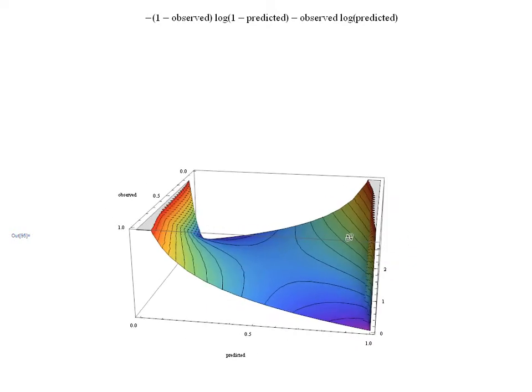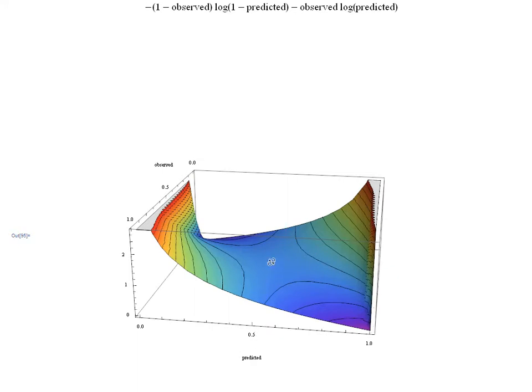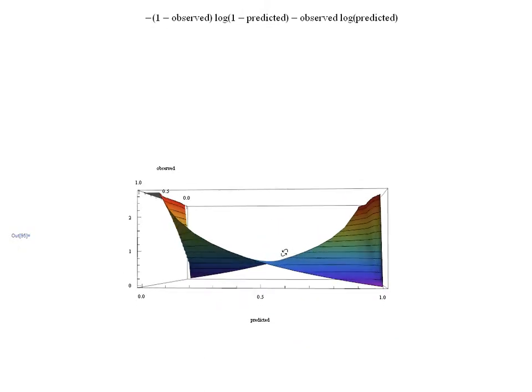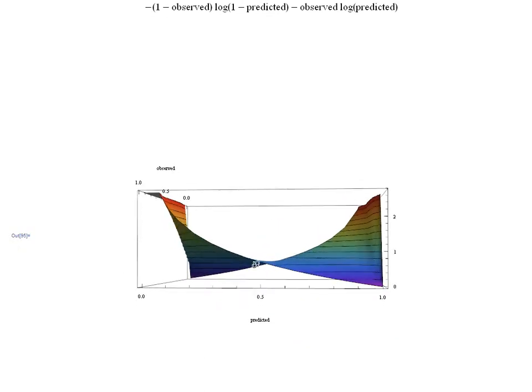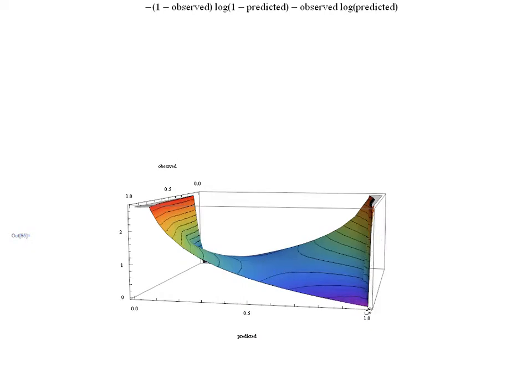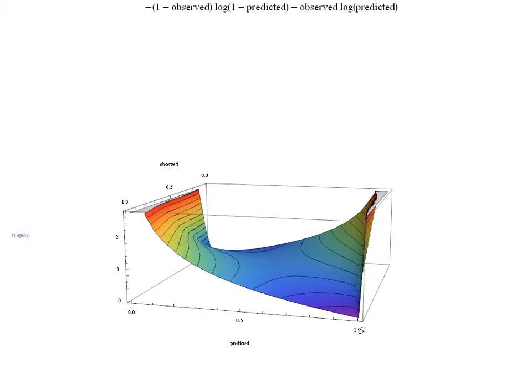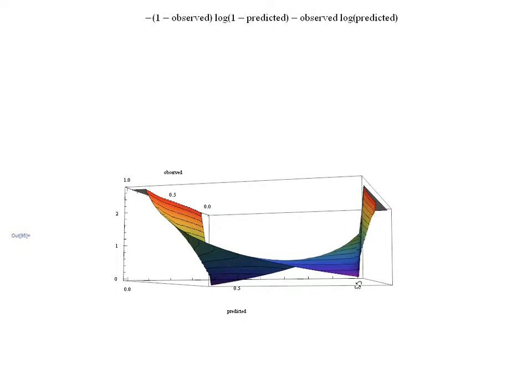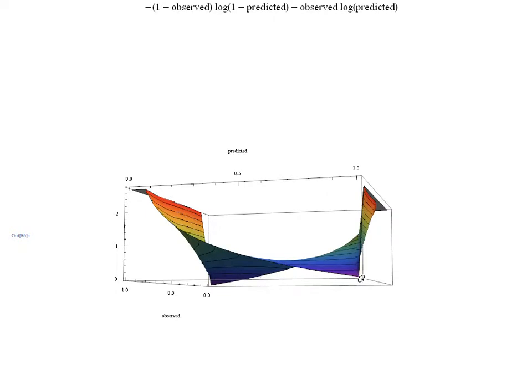One interesting thing here is even if you predict, let's say, a draw, and you observe a draw, this function will get a little bit of an error to it, even if you make the perfect prediction. But it definitely rewards you if you go out on a limb. So instead of just taking the middle of the road, you go out on a limb and you predict, for example, a win, and there was in fact observed a win, then there is no penalty.